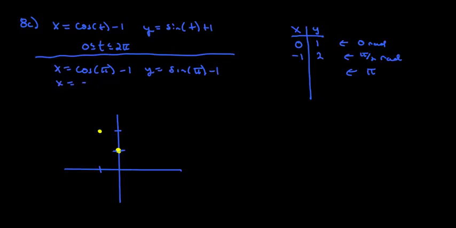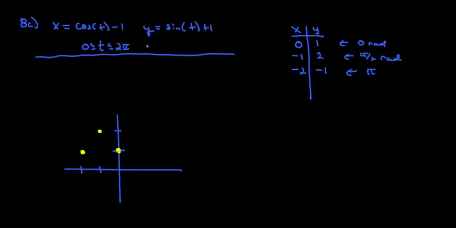So the cosine is negative 1 there, and the sine value is 0. So that means I'm at negative 2, up 1. Okay, so it's still good there. We're just plotting these points out.